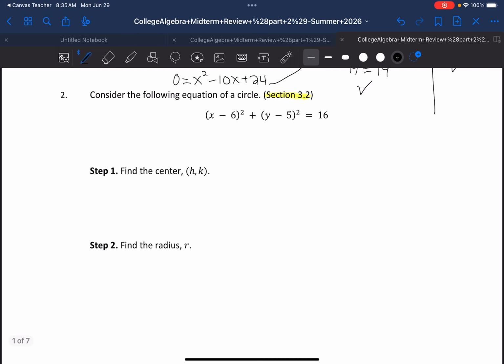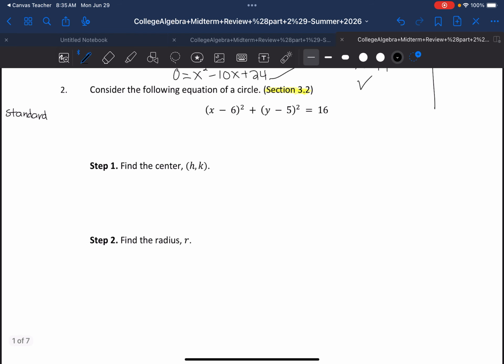Okay, so the standard form of a circle that we are learning about right now in this section is (x minus h) squared plus (y minus k) squared equals r squared.